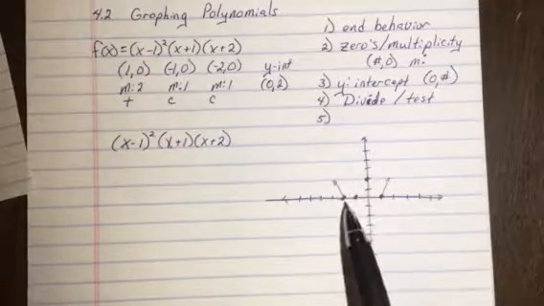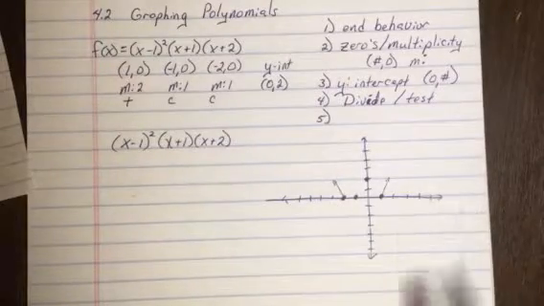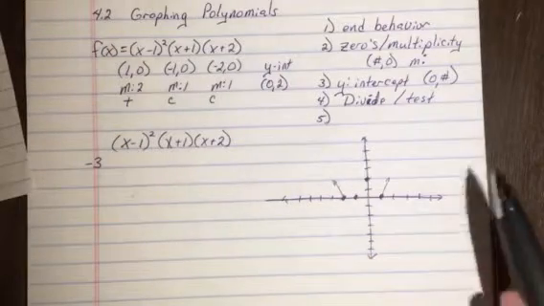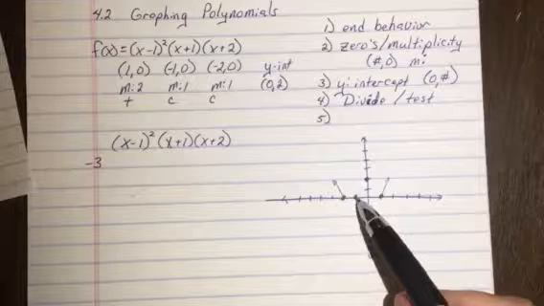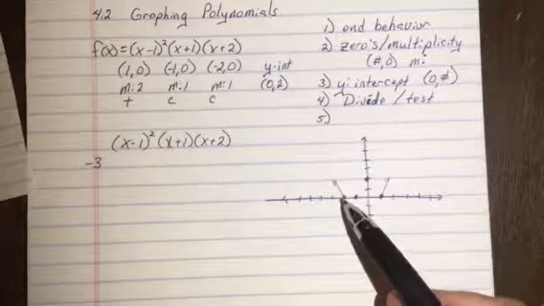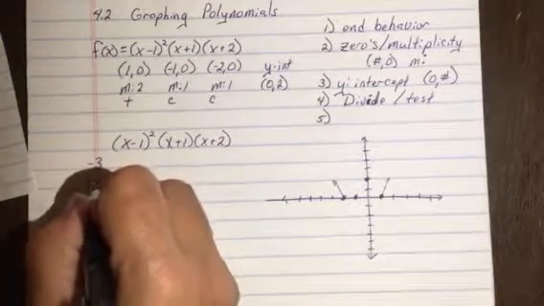Now I need a test point to the left of negative 2. Negative 3. I need a test point to the right of negative 2, but to the left of negative 1. So something between negative 2 and negative 1. So I see a negative 1.5.